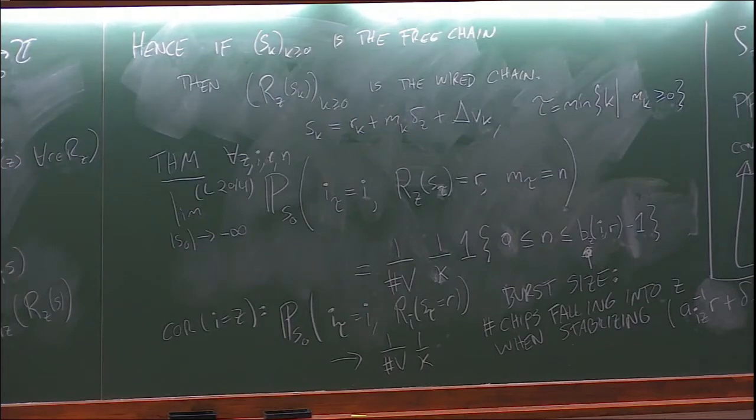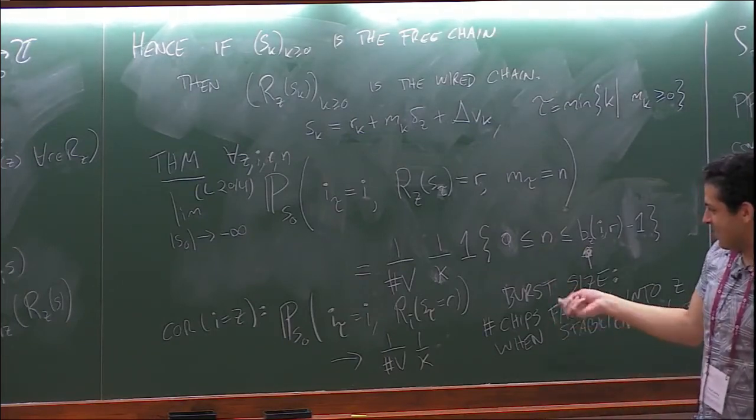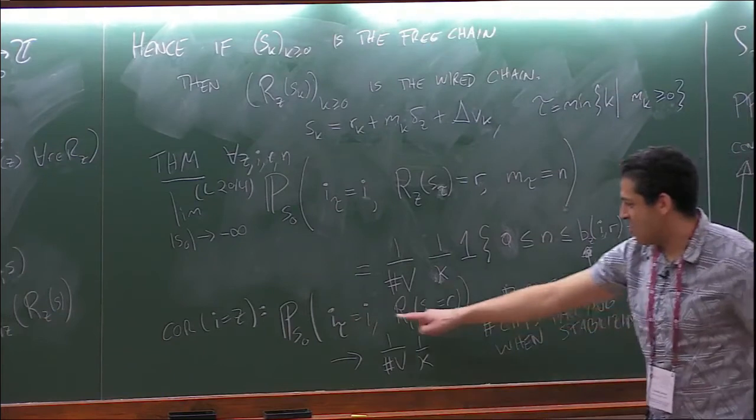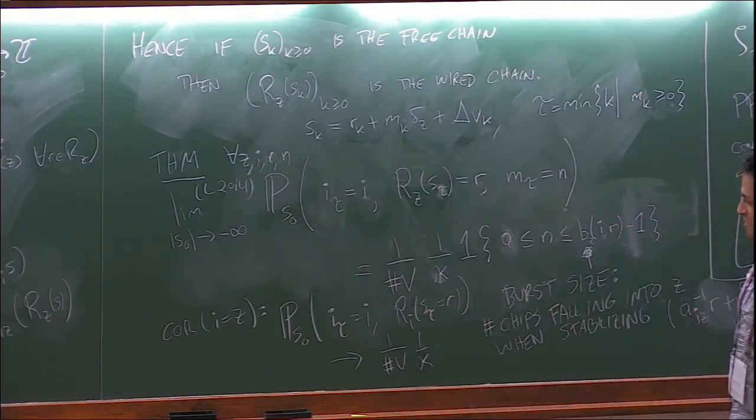Okay, and now if you integrate out the I variable, then what you see is that not only is the density converging, but the whole distribution of the chip counts is converging.